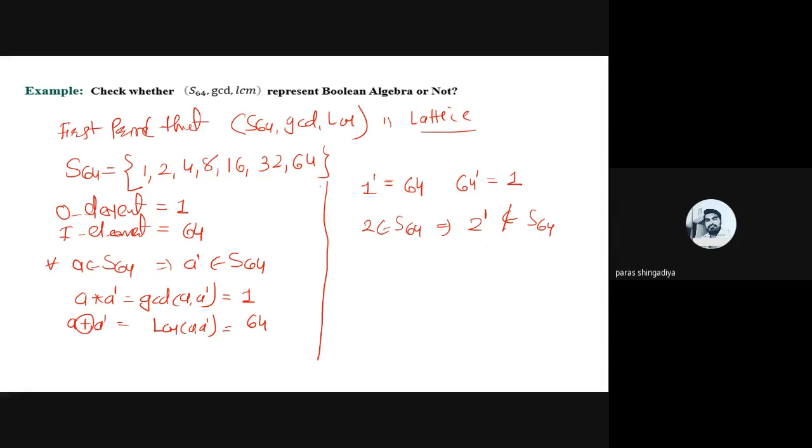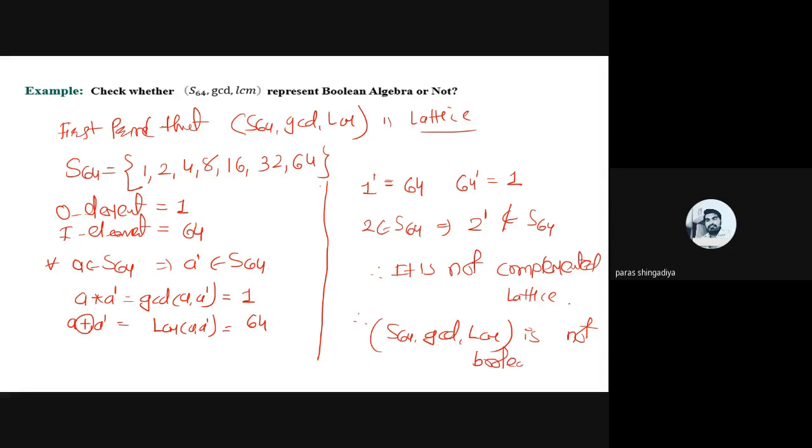And therefore we can say it is not a complemented lattice. Then there is no need to check for other numbers, for 4, then 8, 16 and so on. So it is not a complemented lattice, and therefore we can say S64 with GCD and LCM is not a Boolean algebra. Okay, it is not a Boolean algebra.